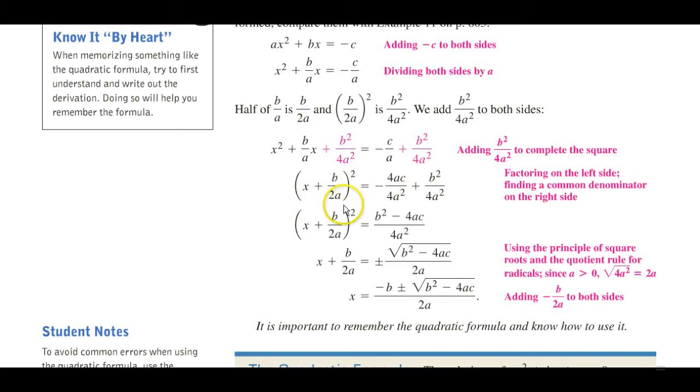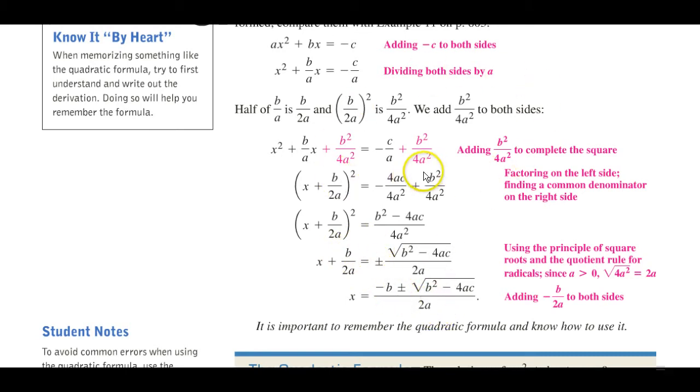So you then get this equals plus or minus the square root of that. And notice that this is a perfect square, so when you take the radical of this, it becomes 2a. And then you just transpose this to the other side, it becomes this.